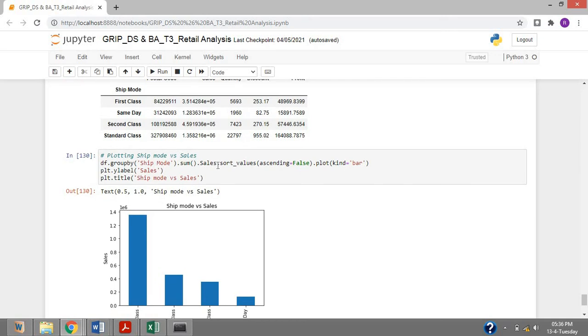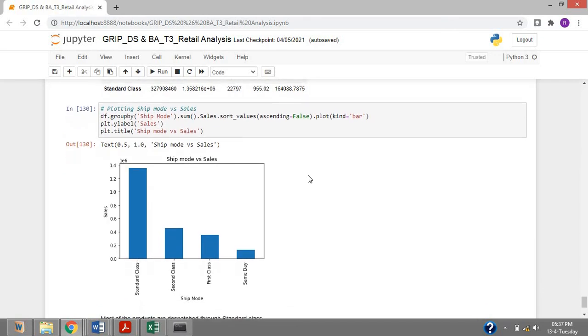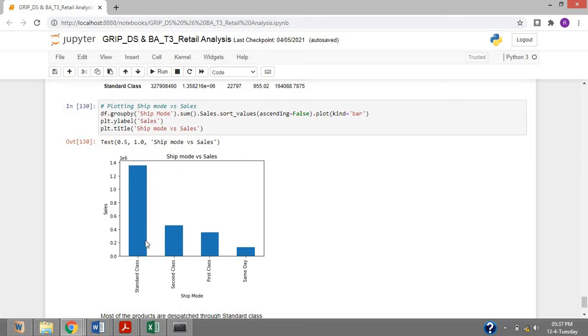We are taking sales, sorting the values in descending order and plotting. If you see, most of the products are dispatched using the standard class, followed by second class, first class, and same day delivery.